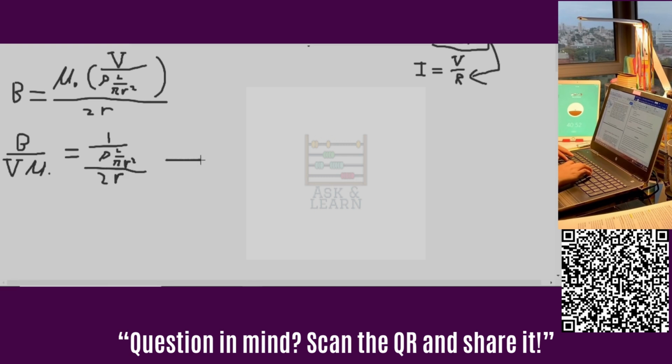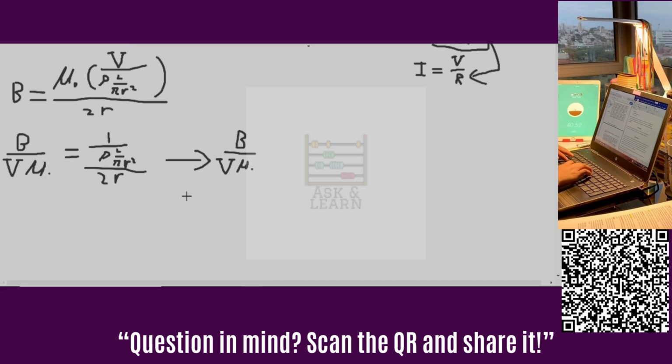So let's change it up again. Do some more algebra. To get rid of this complex fraction, we can flip this. In that case, we'll end up with, let me do the left-hand side first, just so we don't lose track of what we're doing: V times mu naught. Let's move that 2 over.